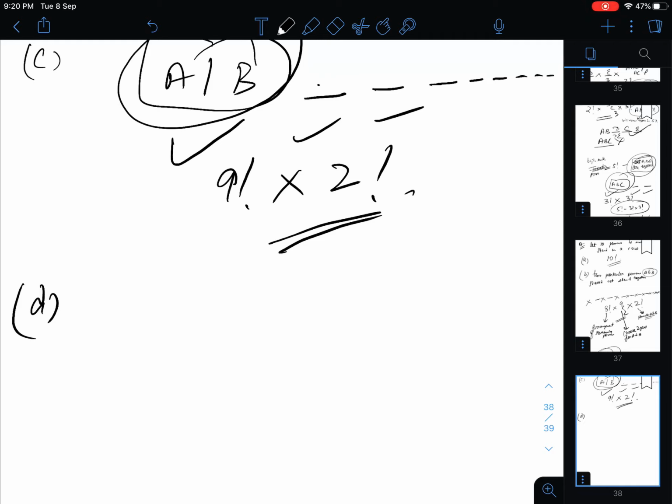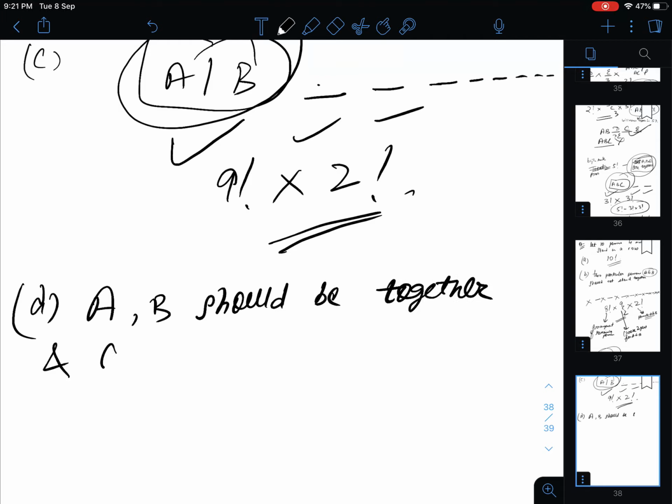Now suppose I say that A and B should be together and C, D should be together.